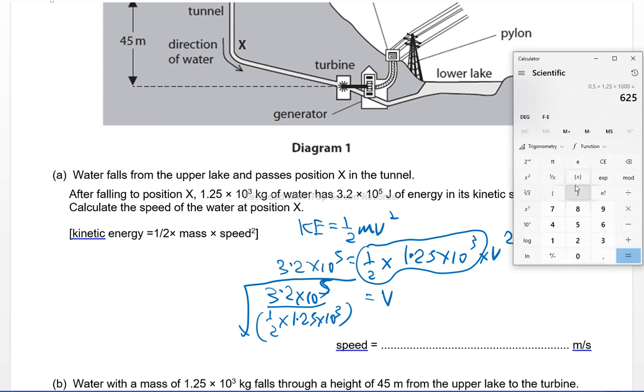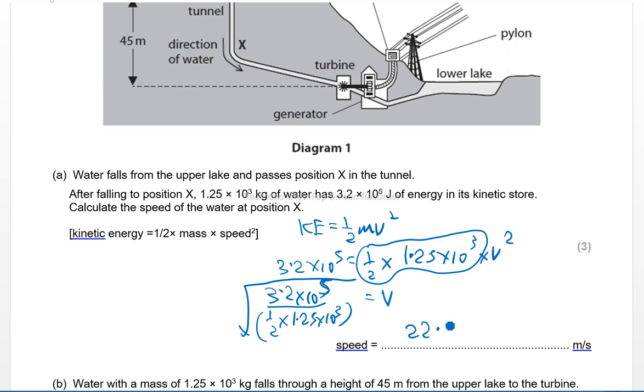I get the answer, I get the reciprocal of that. Multiply that by 3.2 into 10 to the power 5. I get some answer. When I get the square root of that answer, I get 22.62, 22.63, isn't it? So it's 22.63.